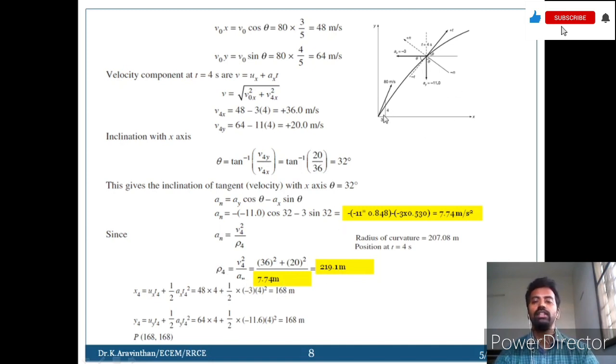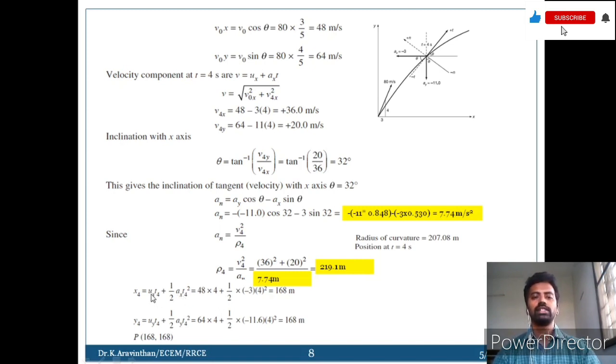And how to find the distance? From the starting point, you will be having an x and y coordinate. To find these, you can use ut plus 1 by 2 at square. Here u has to be horizontal and acceleration also should be horizontal.